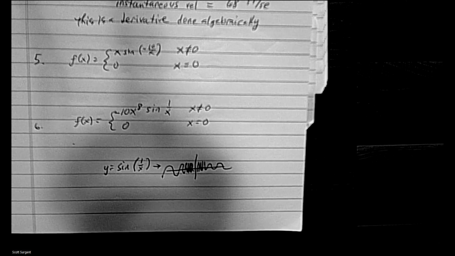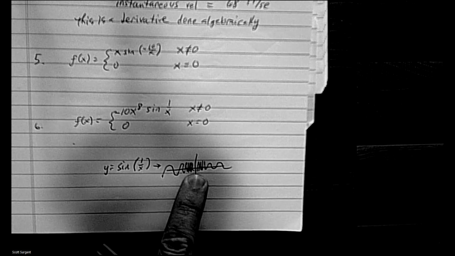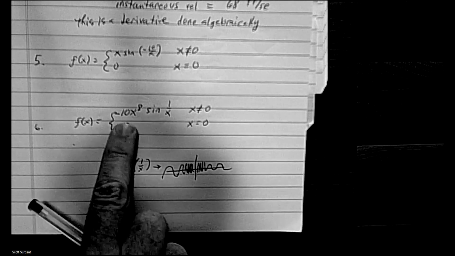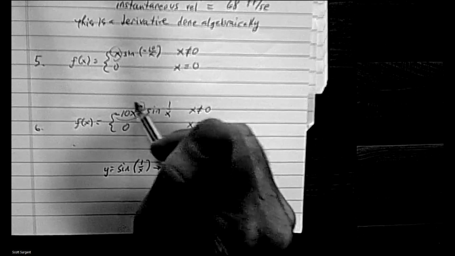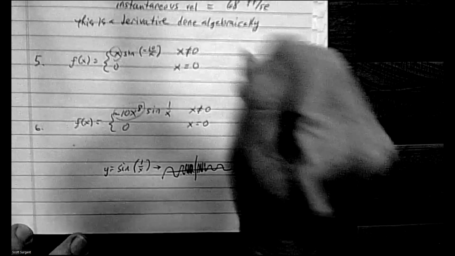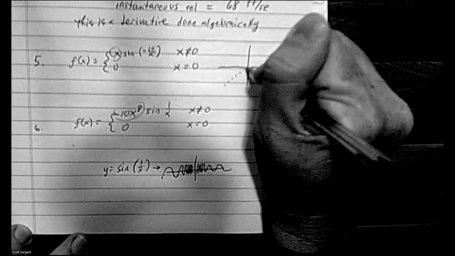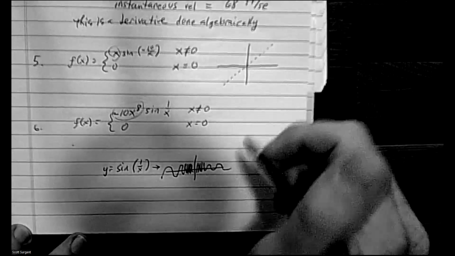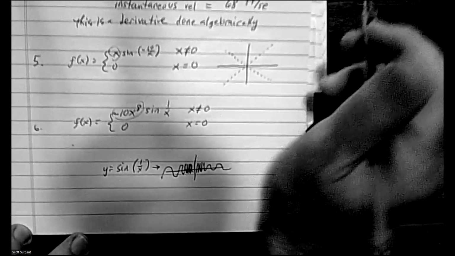The problem is that at 0, what the heck is going on here? This is where you look at the exterior. These functions on the outside, x and negative x, and 10x to the 8, act as sort of envelopes. In the first case, if you graph the function x, and because the sine function goes up and down below and above the x-axis, you create what looks like an envelope.